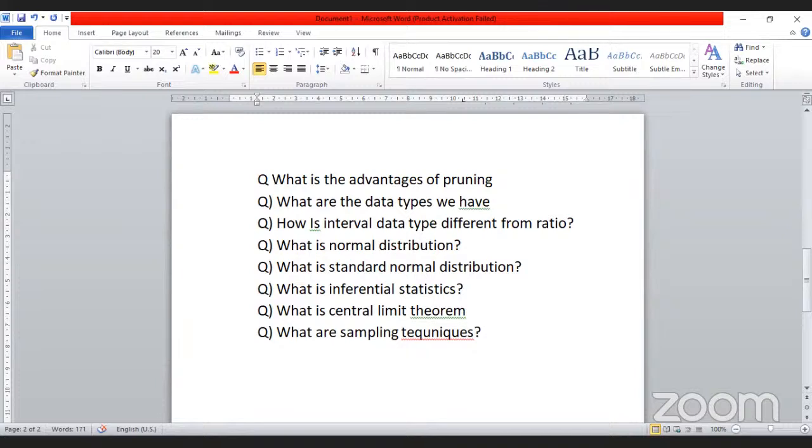With the help of stratified sampling, we can choose 30% of the male observations and 30% of the female observations. This is the stratified sampling technique, right?